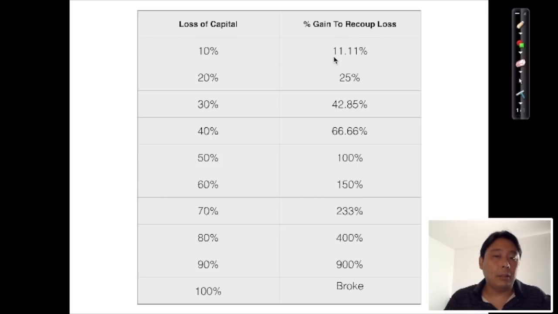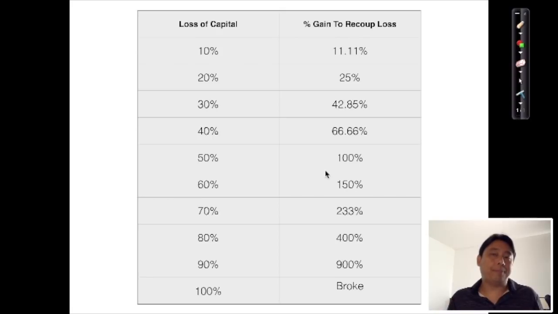But if your capital goes down by, say, 20% or 30% in this case, to recover to break even, your balance has to gain 42.85%. If you lose 50% of your capital, to get back to break even, your balance has to get 100% return.